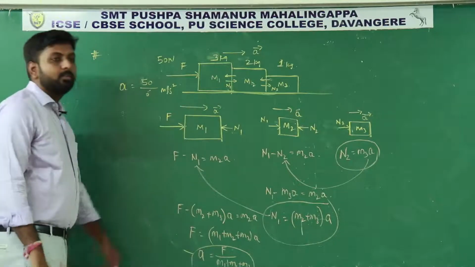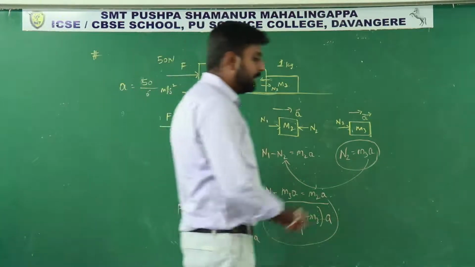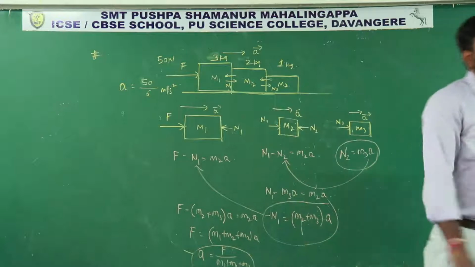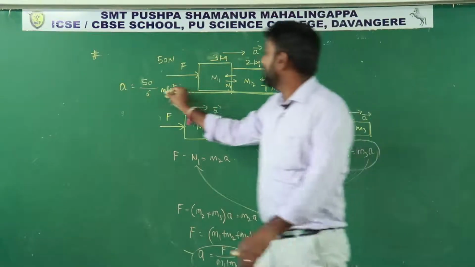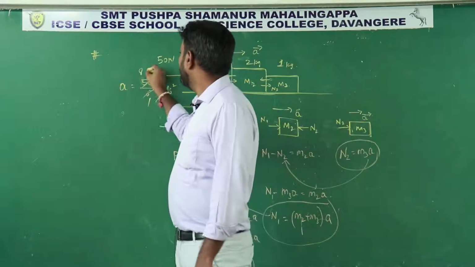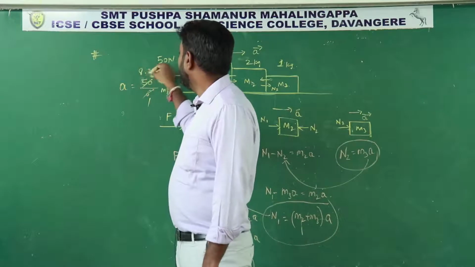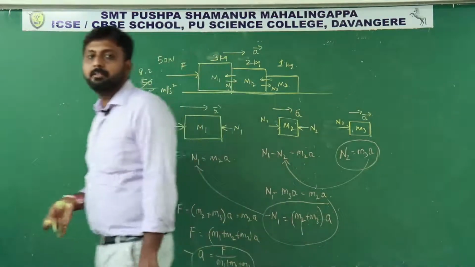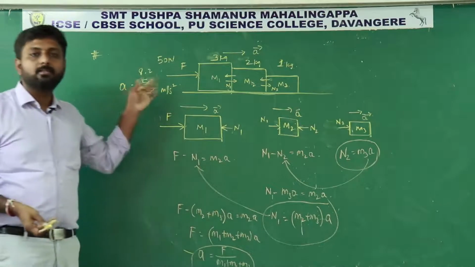So this is nearly 8 point, how much will you get? 6 times 8 is 48, remainder 2, so nearly 8.3 you will get as the answer. That is the acceleration of the block.